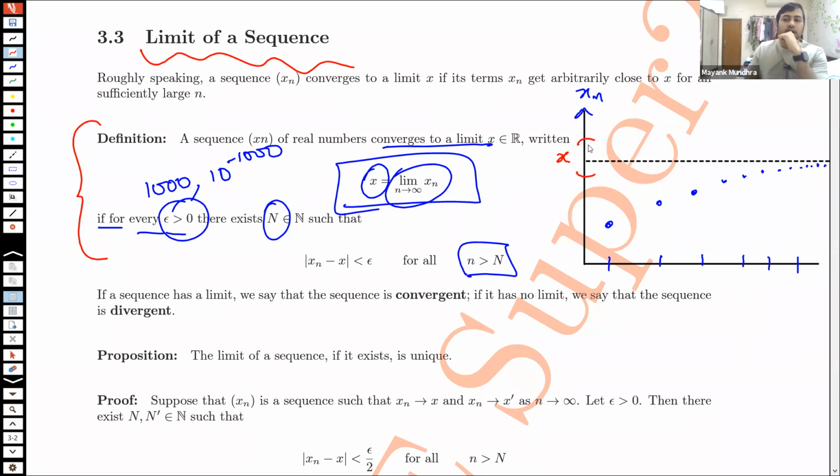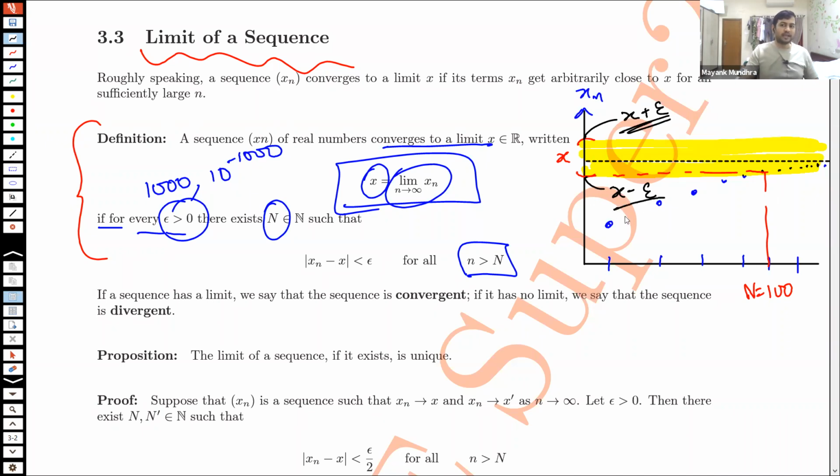For this epsilon, you can find a natural number. Let's say this is n equals 100. After this n equals 100, what I'll see is that all elements of the sequence will lie in this epsilon neighborhood. This point is x plus epsilon, and this is x minus epsilon.